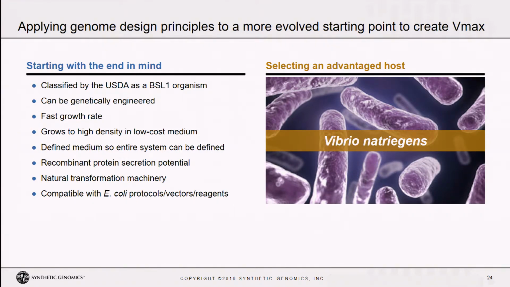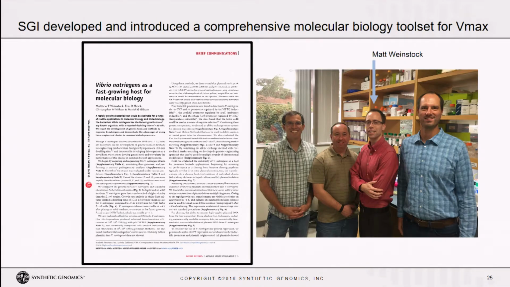It has natural transformation machinery, which allows you to accelerate some of the genome engineering efforts. And it's already compatible with many of the E. coli protocols, vectors, and reagents that are already entrenched in just about every molecular biology laboratory.